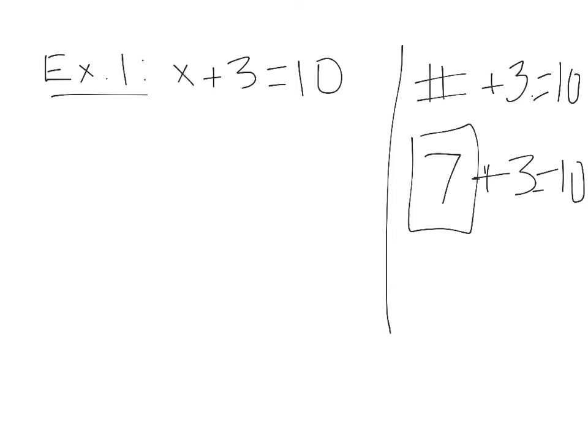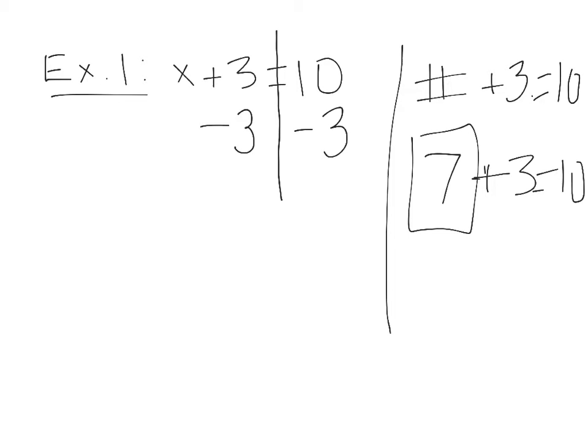So another way I can get to that number 7: usually when I solve these problems, I draw a straight line through my equal sign just to keep things balanced. Because the opposite of adding 3 is subtracting 3. But if I subtract 3 from one side of the equal sign, then you're also going to have to subtract 3 from the other side of the equal sign. And I know they teach it this way at the junior high, so if you went to the junior high, you've done this before.